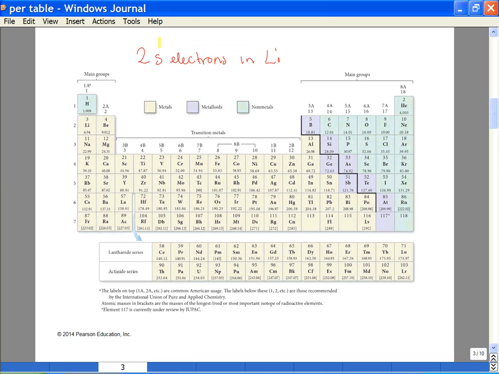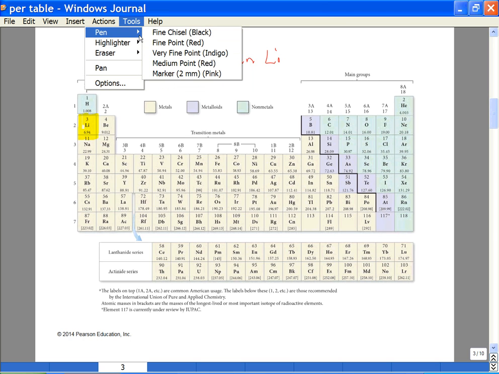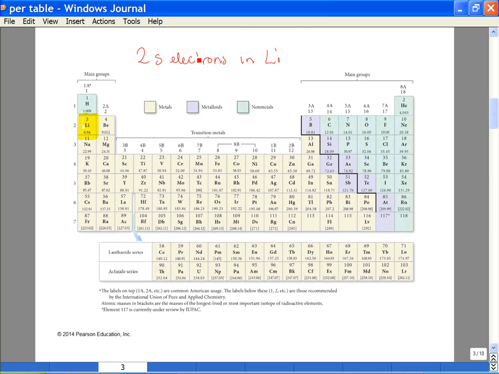Okay, so we look at lithium. We see that lithium is in row 2, and it falls in group 1. Counting over as well shows us that we have 1 electron because we don't make it over here to the block that has the 2 electrons.